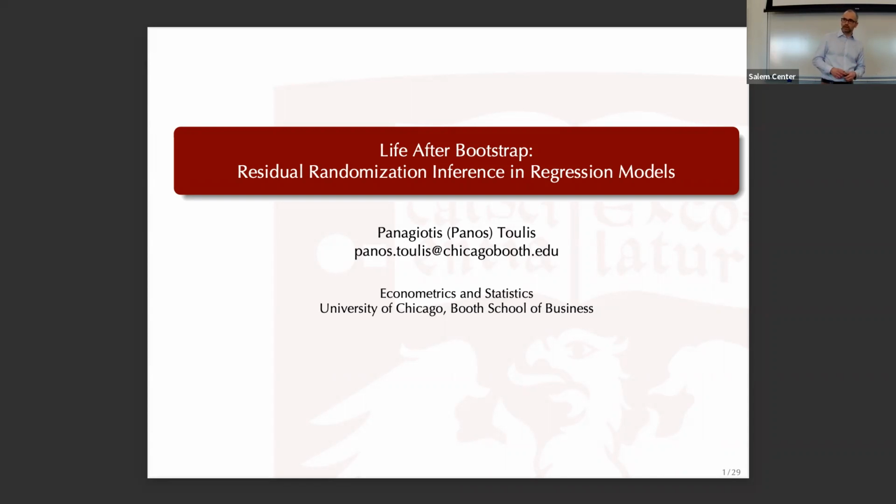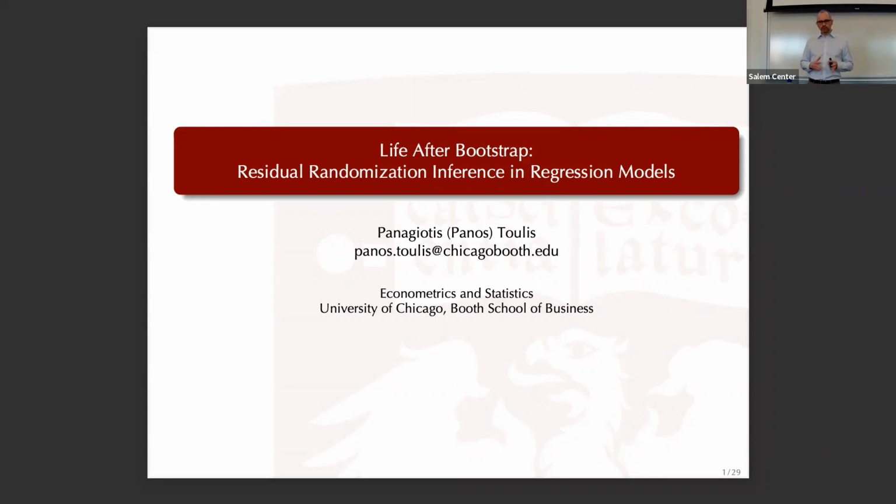It is motivated by randomization inference, which is very popular in analyzing data in experimental studies. But you can also think of it as an attempt to bring those methods to observational studies. So that's the first attempt in doing that.